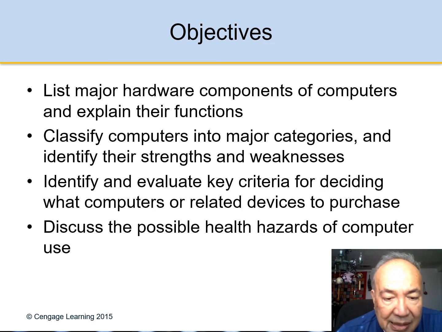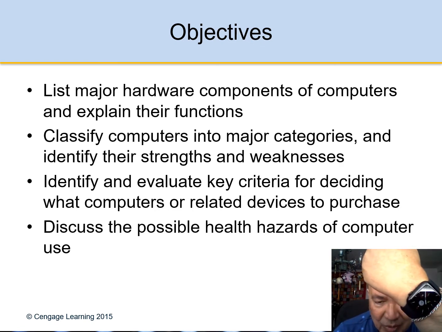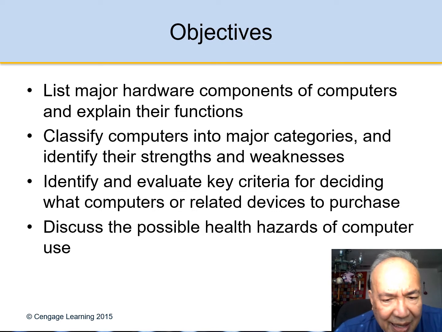And then discuss the possible health hazards of computer use. Is there a health hazard if you use a computer or an iPhone or a smartphone or even this little phone here? Is there a hazard for that? Okay, we will discuss it.